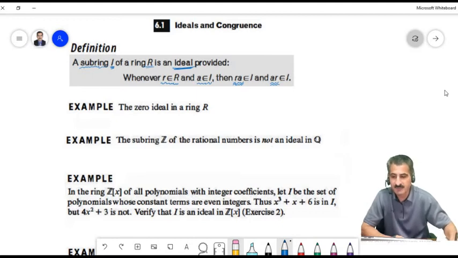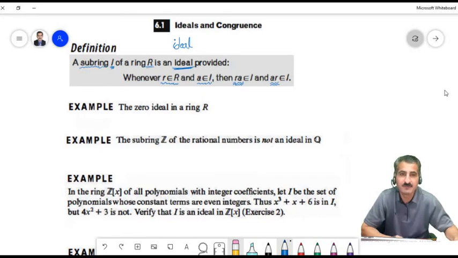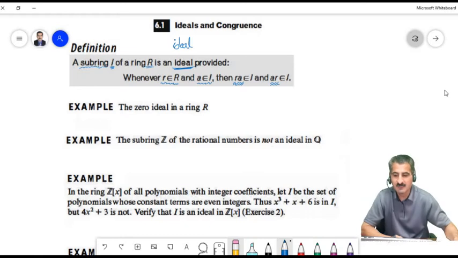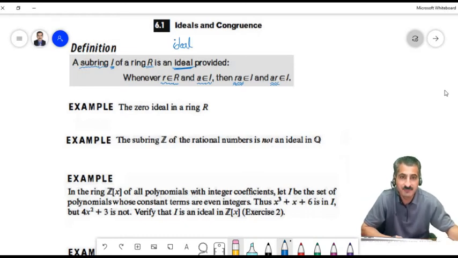If this happens for a subring, then we will call this subring an ideal. Okay? So I would like to rewrite this word here again, because this is seen very much in algebra, a very important definition. And before we keep going, I would like to give a graph that might help you to have some sense or imagination of the definition of an ideal.